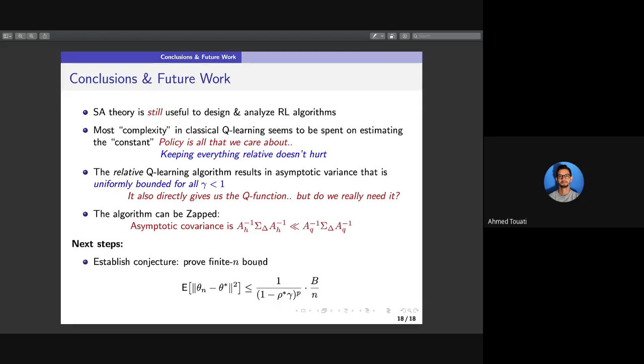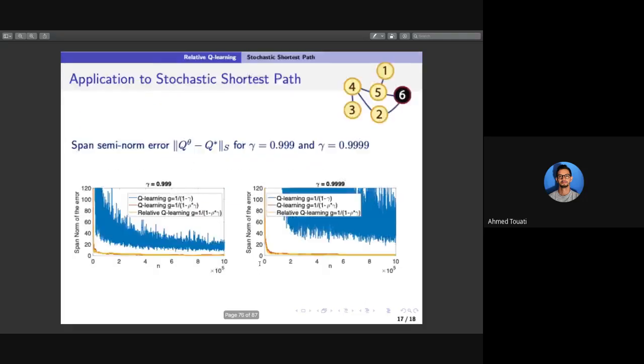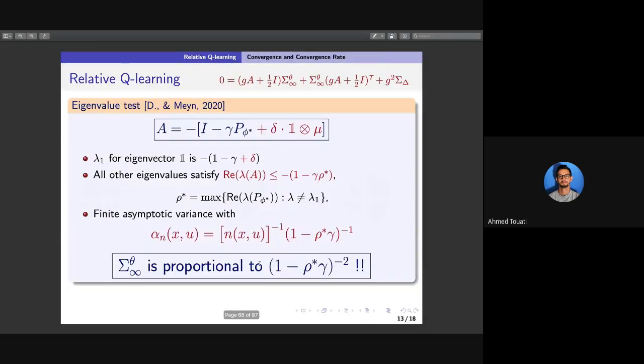So my question was about the asymptotic variance. When you saw the Lyapunov equation, you have one over identity involved in the equation.